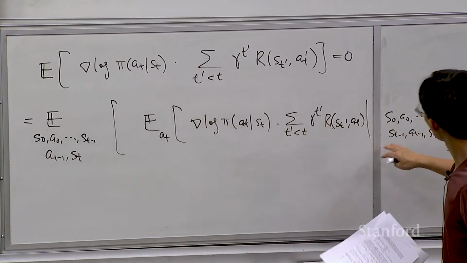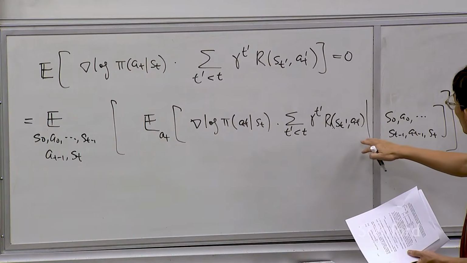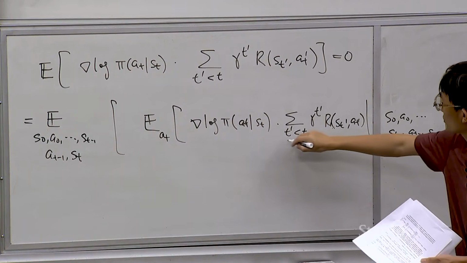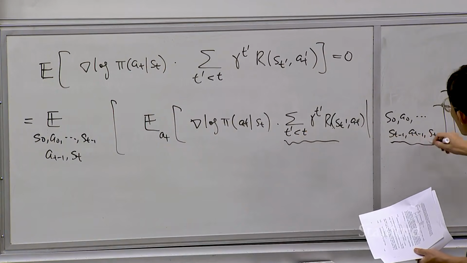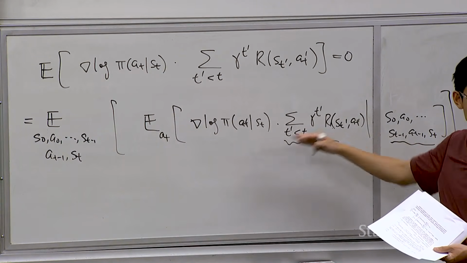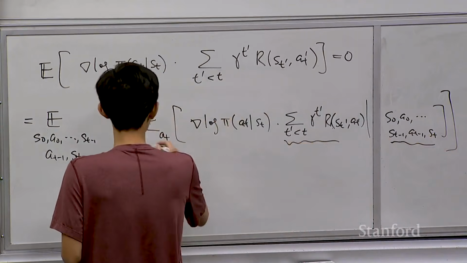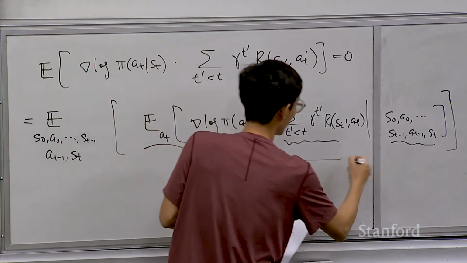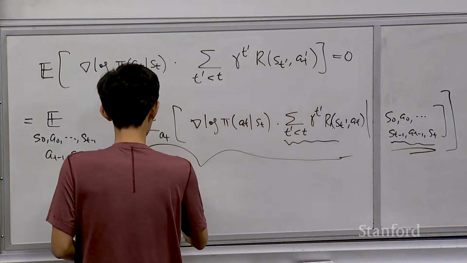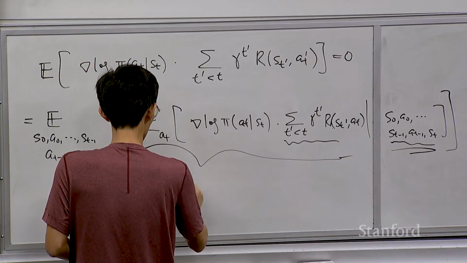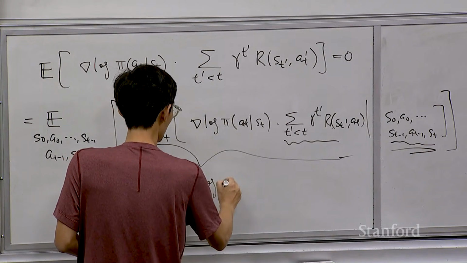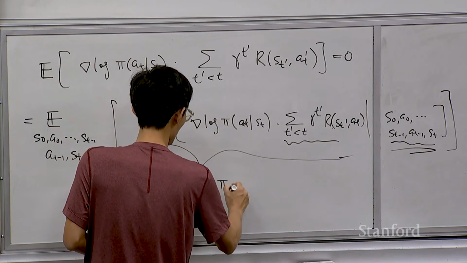And what happens here is that after you condition on all the history, this part is a constant. You can move it outside of the expectation, right? So this inner expectation is the same as if you treat this as a constant, because it's indeed a constant after you condition on those things.